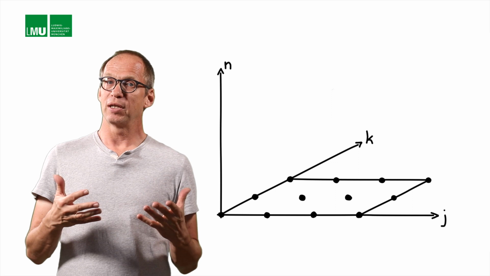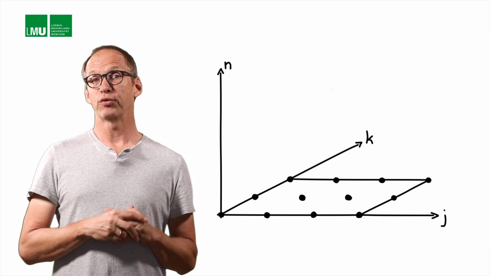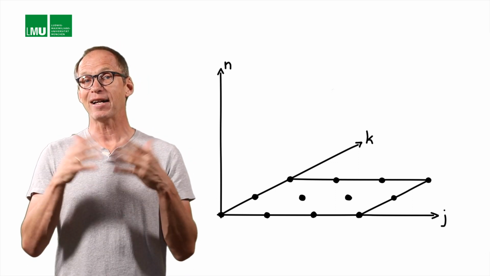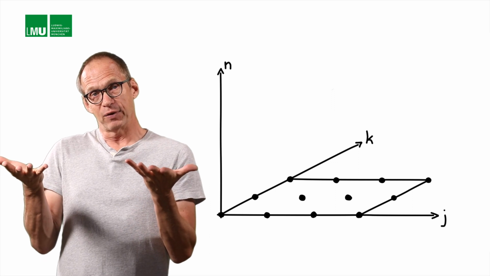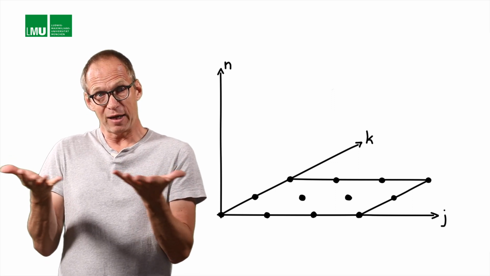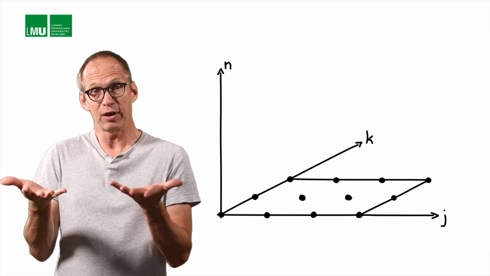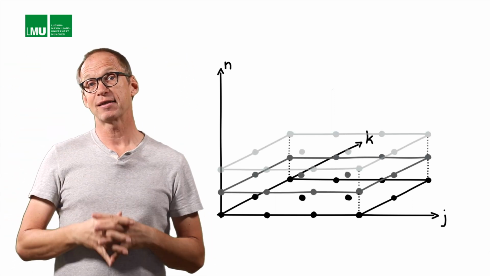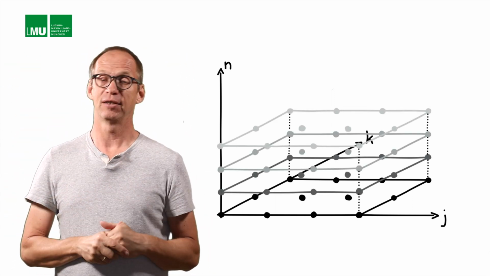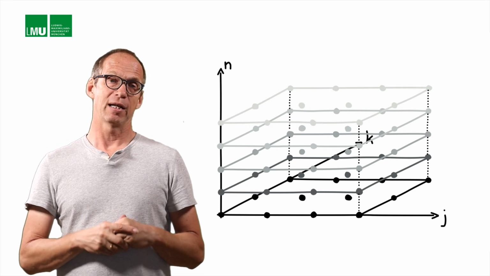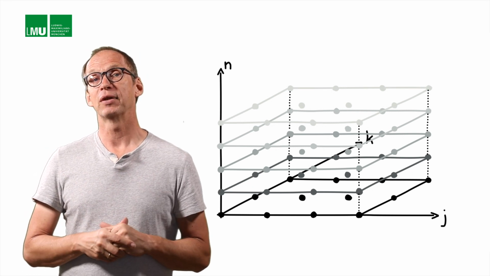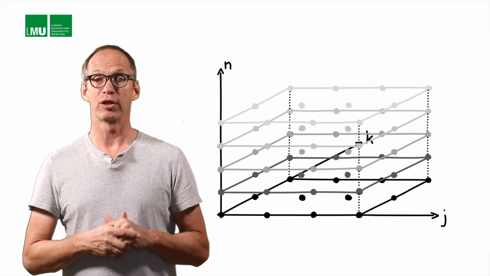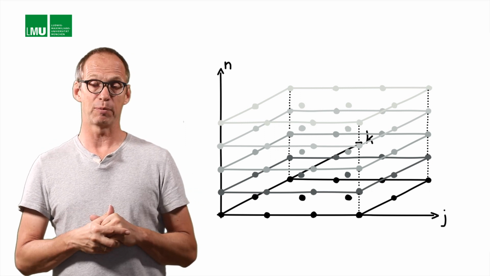So basically what we will do is we have to find a scheme that extrapolates the space-dependent fields, like the pressure field, into the next time levels as we did in the one-dimensional case. And now we proceed and replace the partial derivatives by their finite difference approximations.